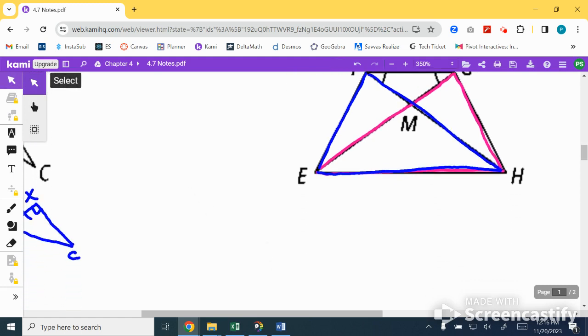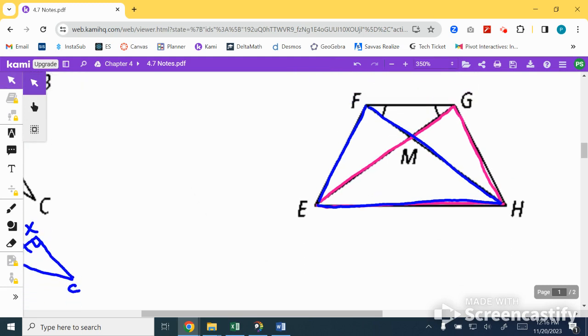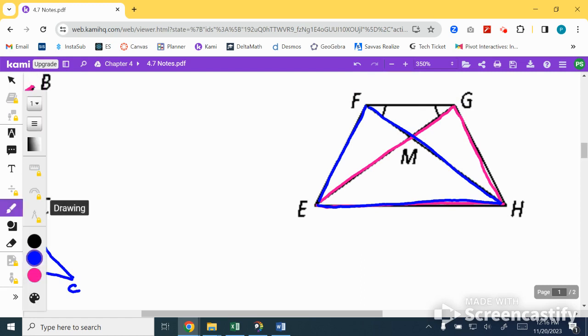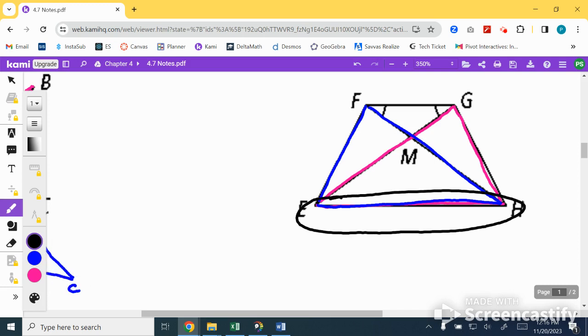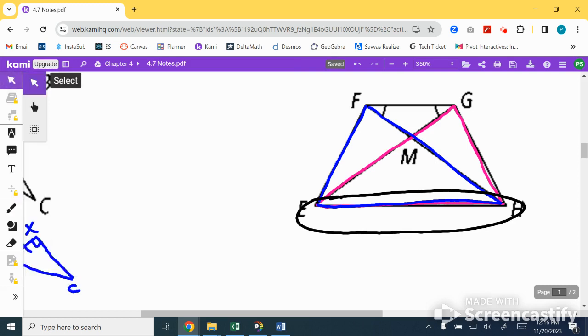Or take a look at this. Can you already tell which is in common in both of those triangles? You can, it's right there. You see I have the blue and the pink on the same line. So if I was to pull these apart, it would look something like this.